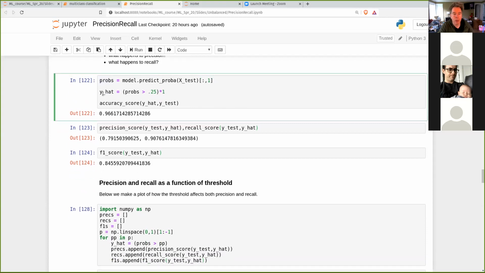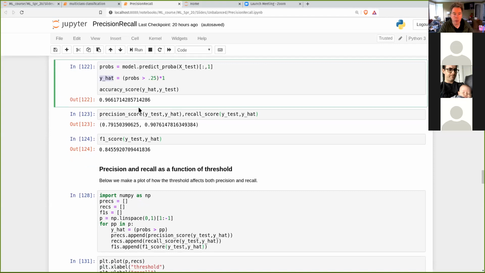And now I make a new set of predictions, and now I'm saying that something is a 3 if the model estimates that the probability of it being a 3 is at least 25%. So that's lowering the bar to being a 3. That makes the accuracy score go down. That's not really surprising, because now you're going to be saying that some non-3s are 3s. It makes precision go down because you're letting in all kinds of crap.